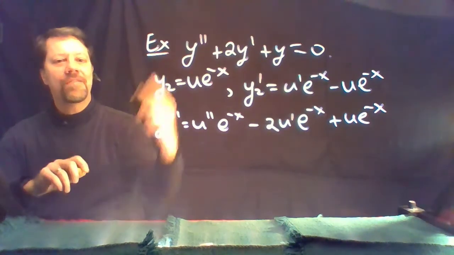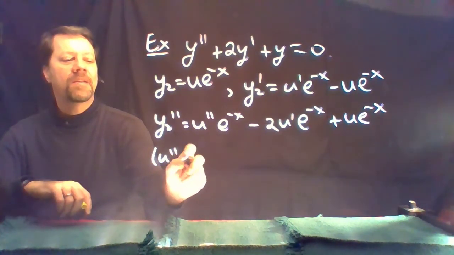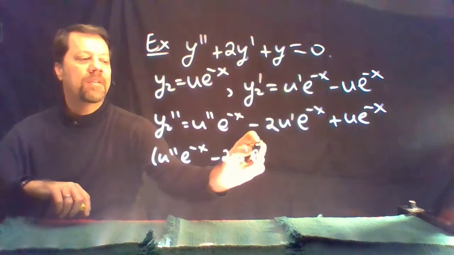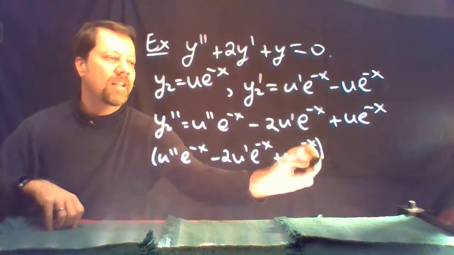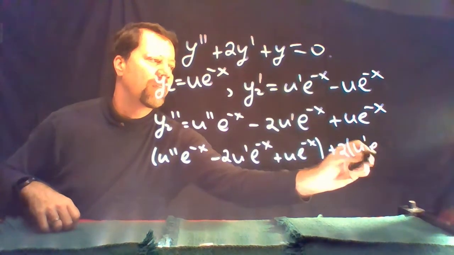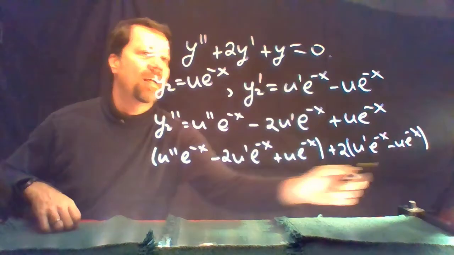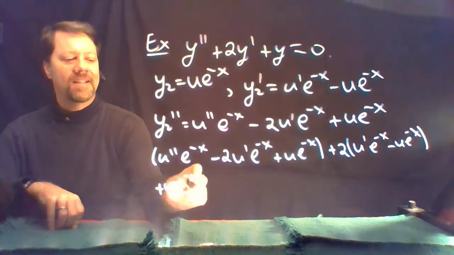If we plug all of this into the differential equation, we'll have u double prime e to the minus x minus 2 u prime e to the minus x plus u e to the minus x plus twice u prime e to the minus x minus u e to the minus x plus u e to the minus x.